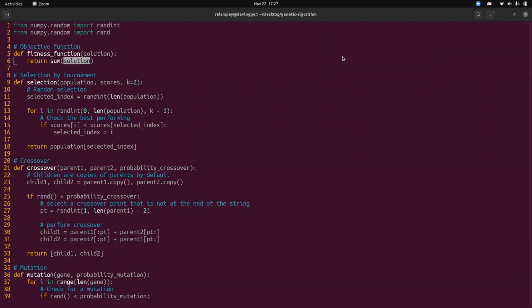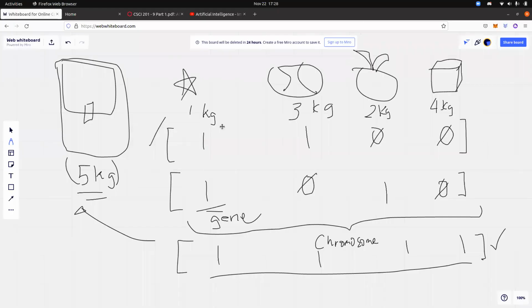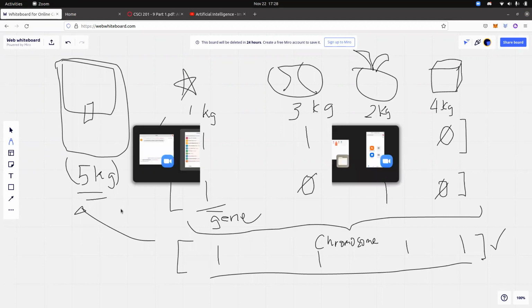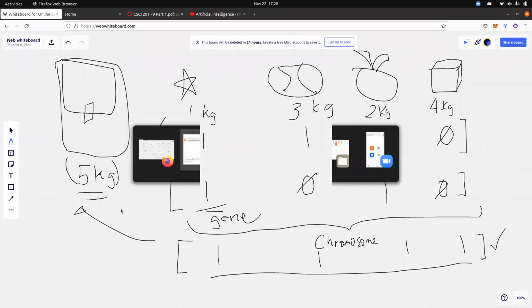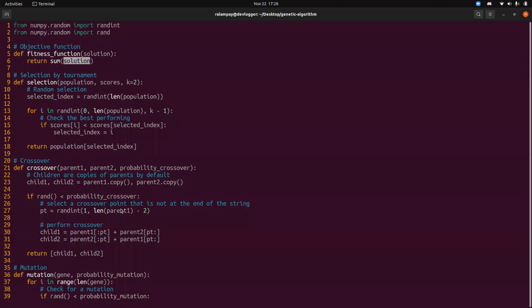Good try. You multiply the weights, wherein our weights are literally the weight of the item, whether it's 1 kilogram, 3 kilograms, 2 kilograms, or 4 kilograms. But what else do we have to do? Remember, we're maximizing it. Anyone?